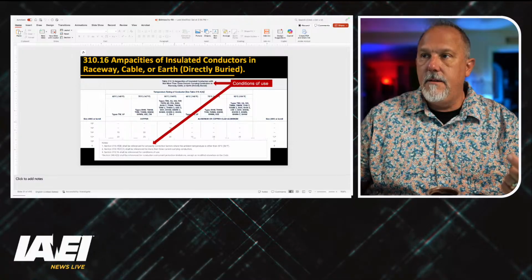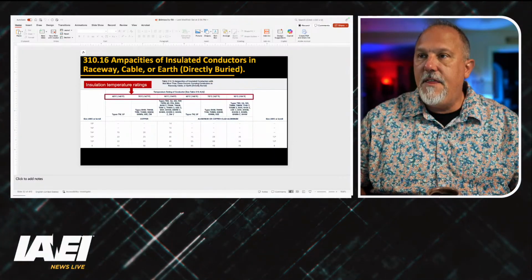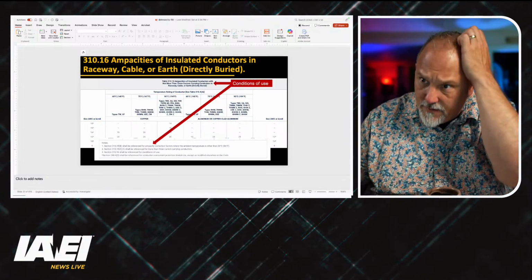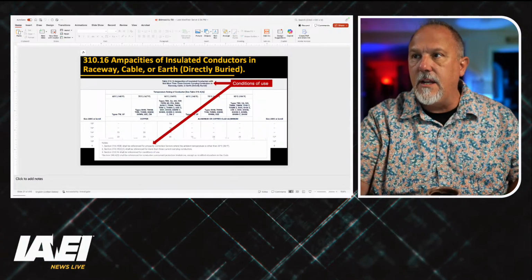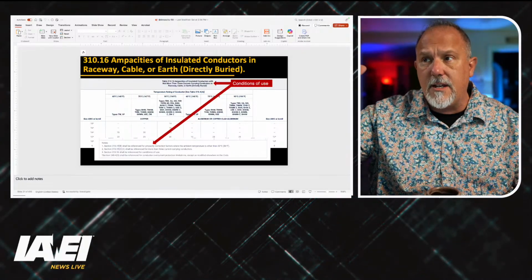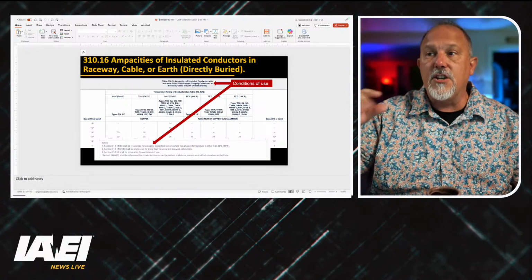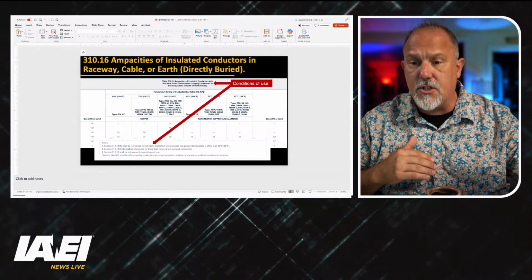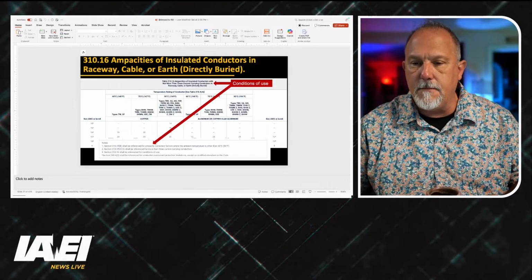So that's the conditions of use. And then I have my insulation, but I also have a note for the ambient at 86 degrees Fahrenheit. So I have the conditions of use in the title. It tells you no more than 3 current-carrying conductors in a raceway. And then I have the temperature adjustment that tells me these values are based upon 86 degrees Fahrenheit. So if I have an elevated temperature, I need to adjust these values based upon the elevated temperature.